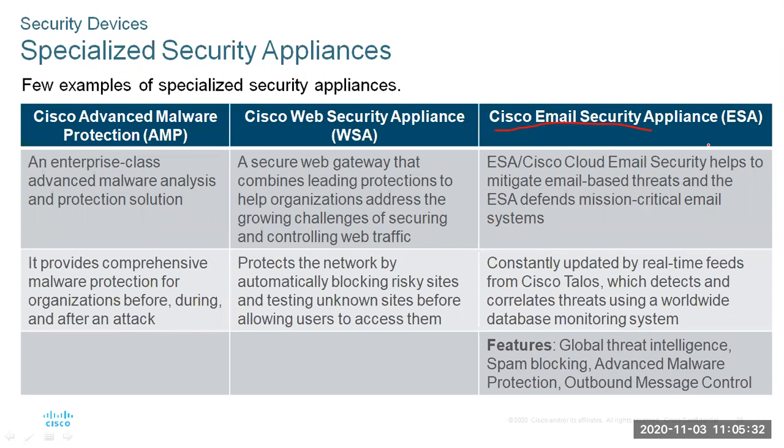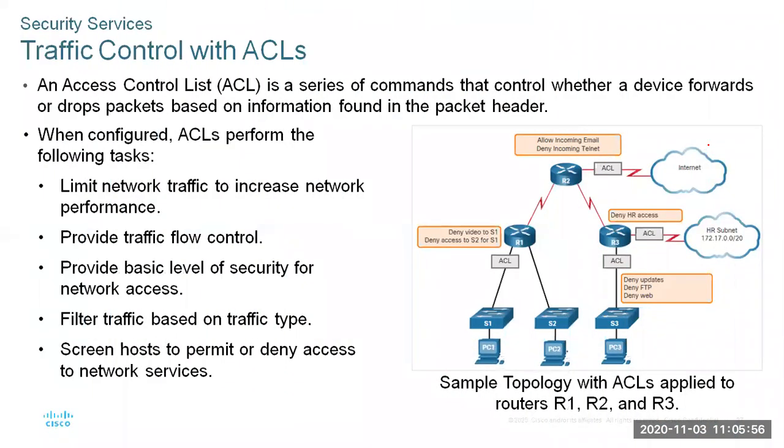It is constantly updated by real-time feeds from Cisco Talos, and it helps to detect and correlate threats using a worldwide database monitoring system. It has a global threat intelligence feature so that it can block spam, provide malware protection, and so on. Now, security services.